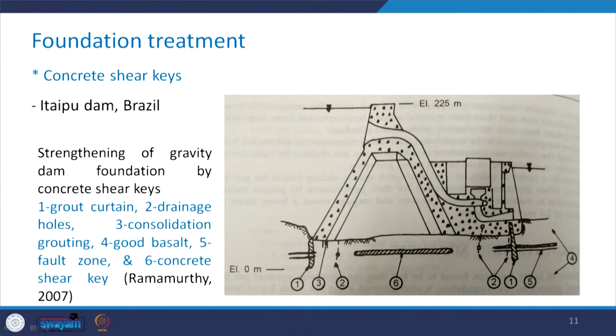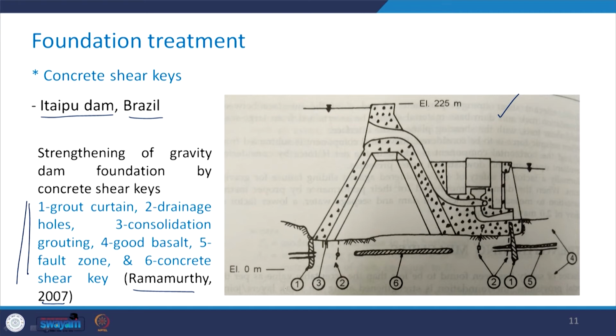This picture has been taken from this reference, and this is from the Itaipu Dam in Brazil. In this dam, the strengthening of the gravity dam foundation was done by concrete shear keys along with the other measures which have been listed here.